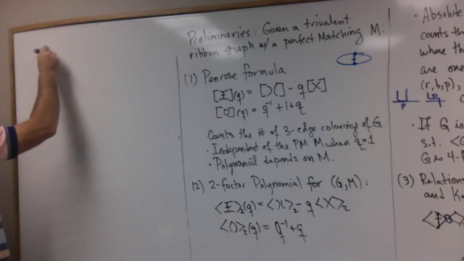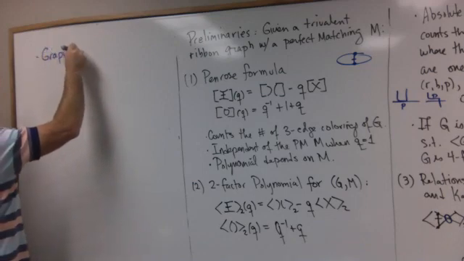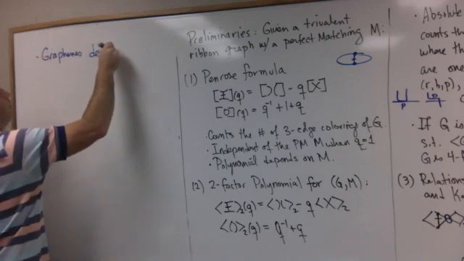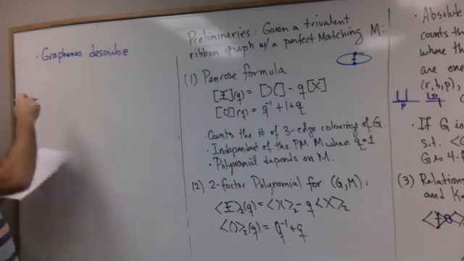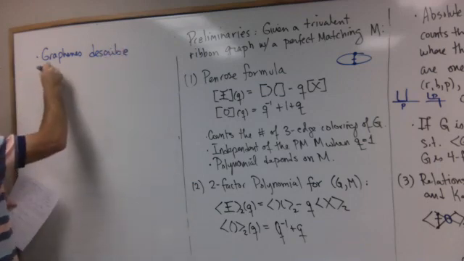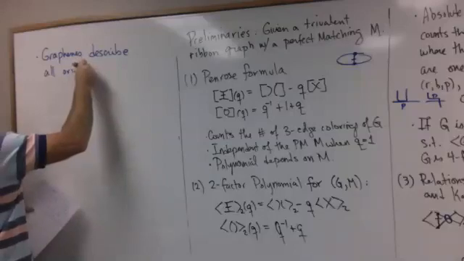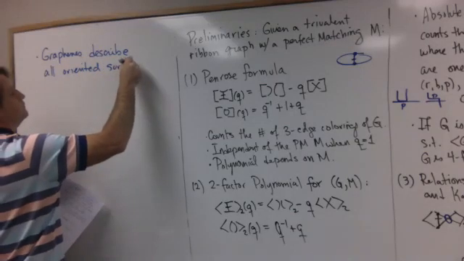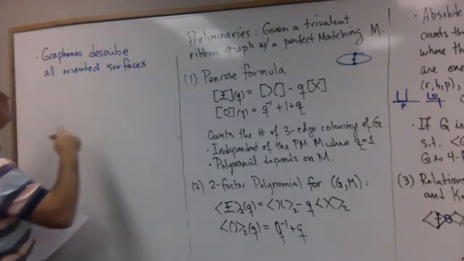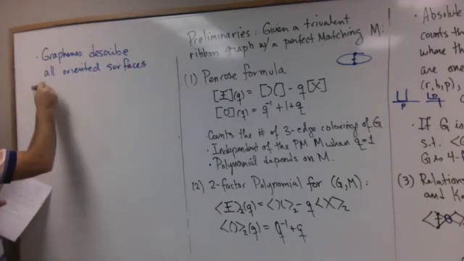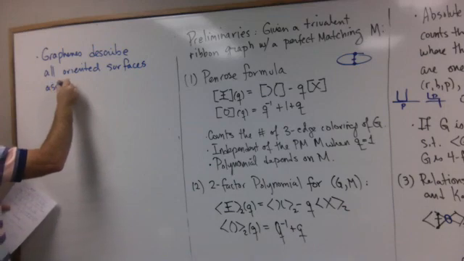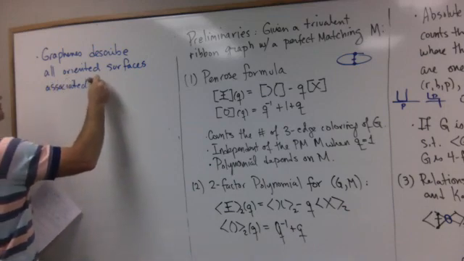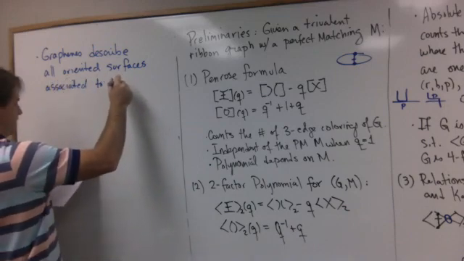So graphenes describe all oriented surfaces associated to an abstract graph.